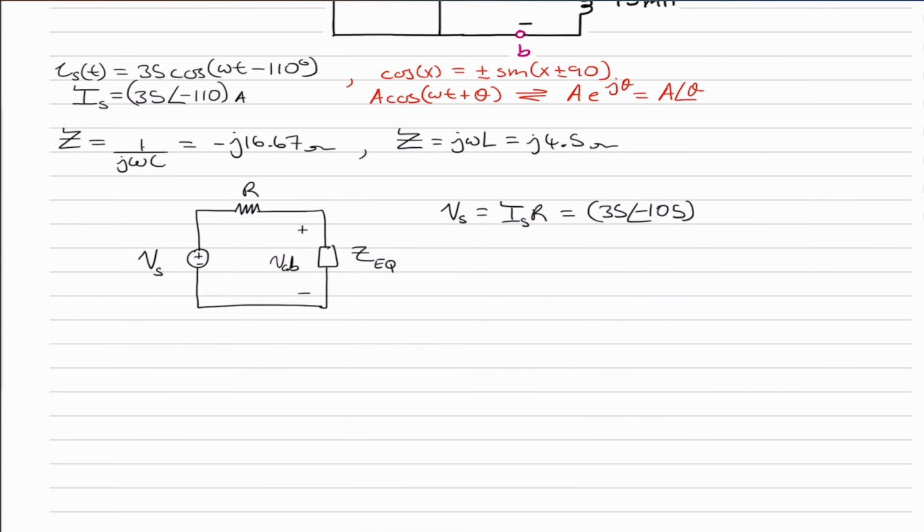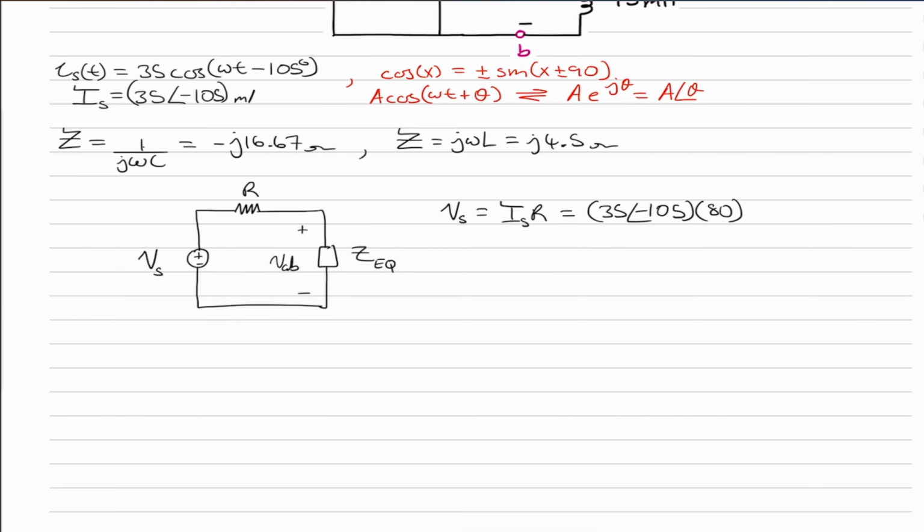Excuse me. Earlier we had said 110, which we should have said 105. So we go back to our source transformation, where we multiply our current Is times our resistance of 80 ohms, and our current is in milliamps.